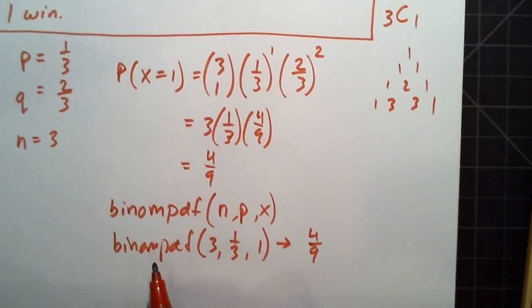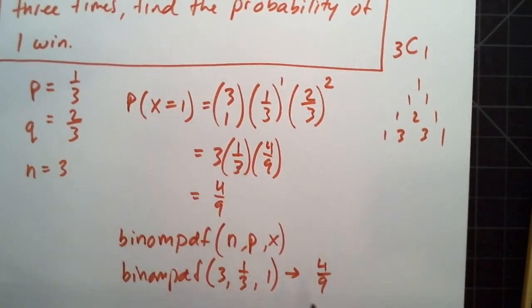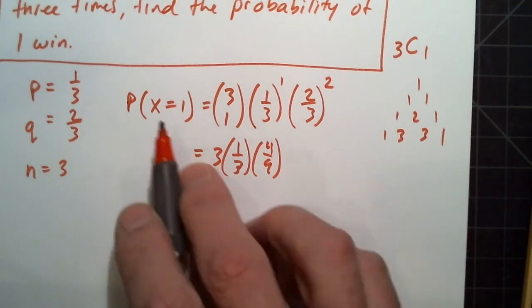On the IB test, don't write this. If it's on the calculator part, you can just write this and then write the answer. If it's on a non-calculator part, then you have to show that work.